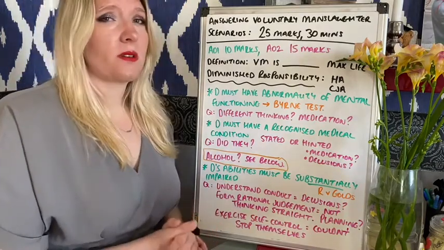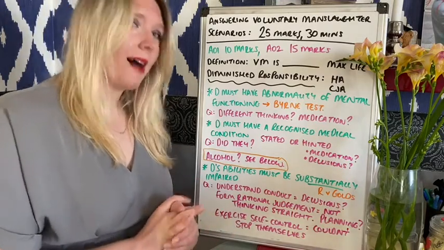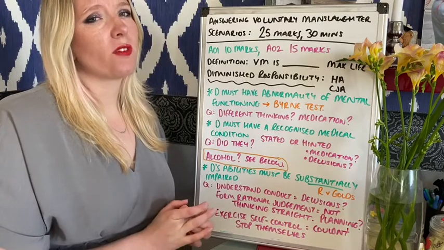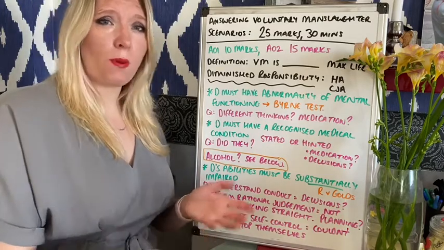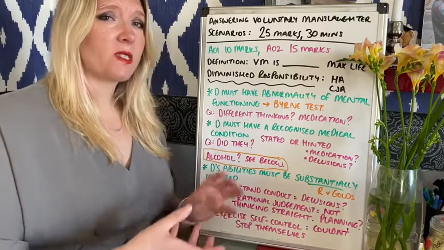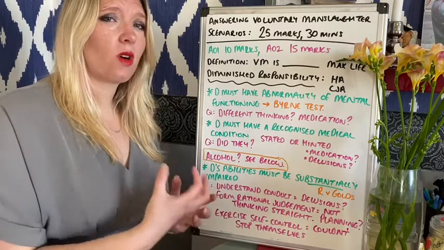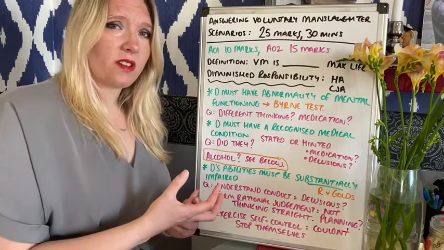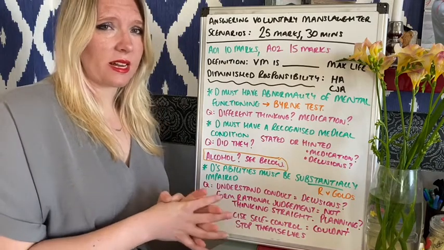So next thing to do in the exam is to actually thoroughly, of course, read through the scenario and look for hints that could involve either diminished responsibility or loss of control, or both. So roughly speaking, diminished responsibility, we are looking at internal causes, medical conditions. Whereas loss of control is externally caused.